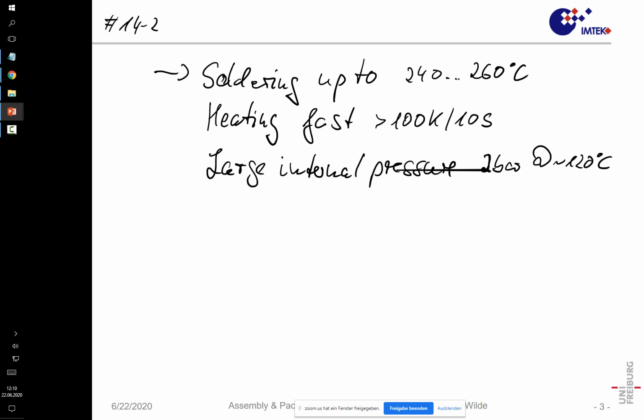Yes, and now you have to keep in mind we also have the stresses from the manufacturing, and that means high internal stresses.